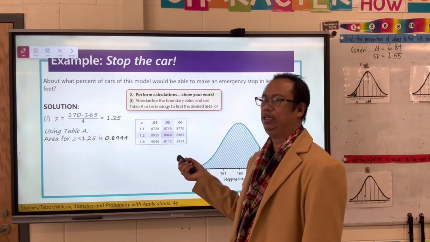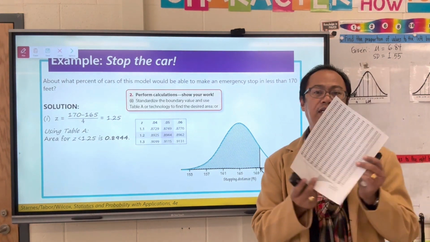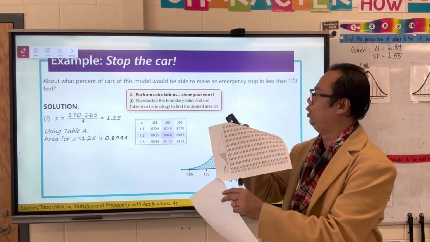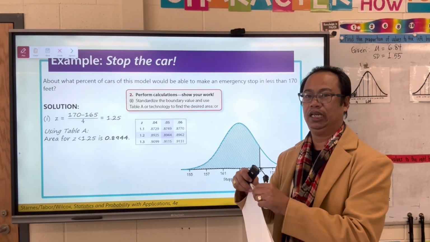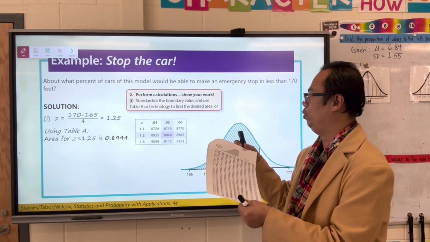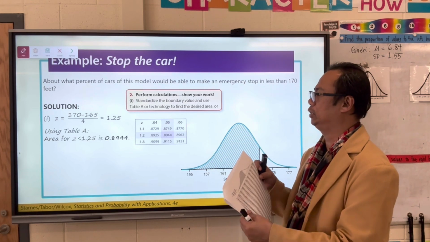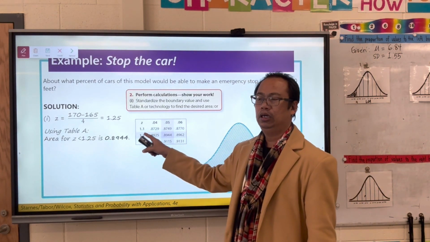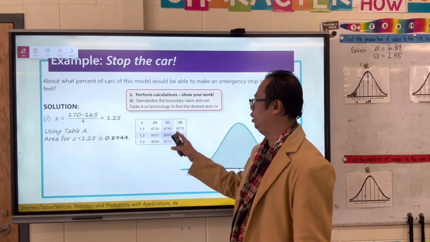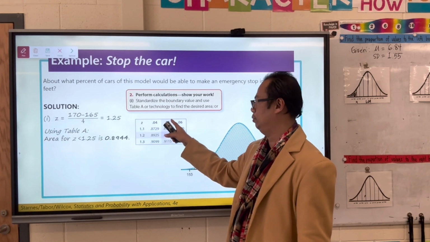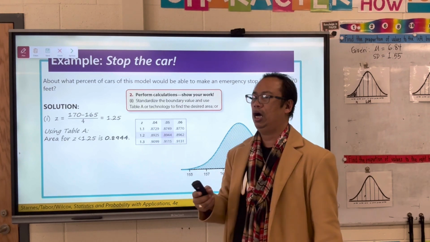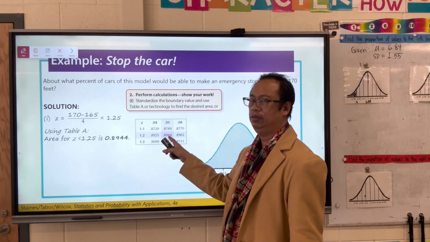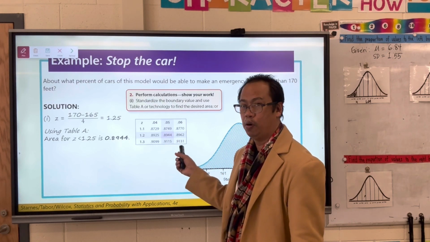Having the 1.25, you get your table, the standardized table. Positive is on the second page. So we look for 1.2 in the first column, and then look at the top for 0.05. If you draw the line on it, the meeting point will be 0.8944.